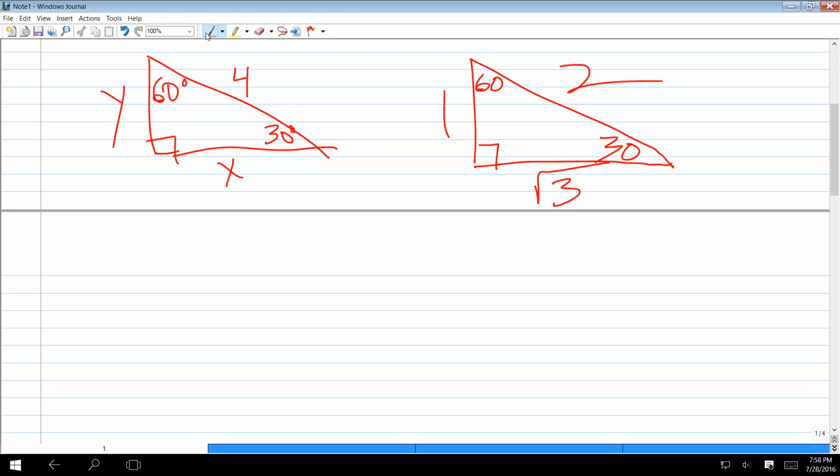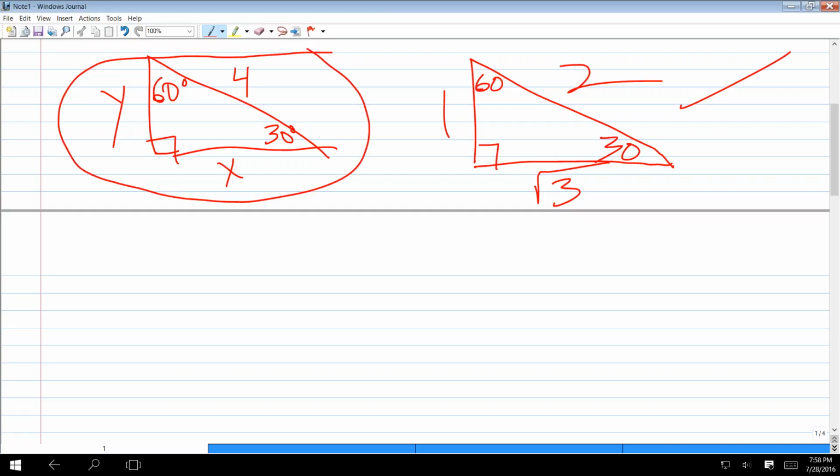And the side opposite the 90-degree angle, the hypotenuse, is 2. So just memorize that. Okay? And the reason is that this triangle over here is a similar triangle. It's similar because it has the exact same 3 angles. It's a 30-60-90. What's the similarity ratio? Big to little. Always big to little.